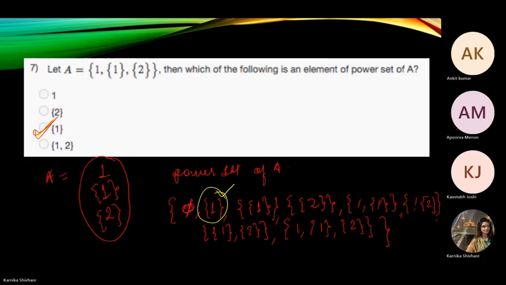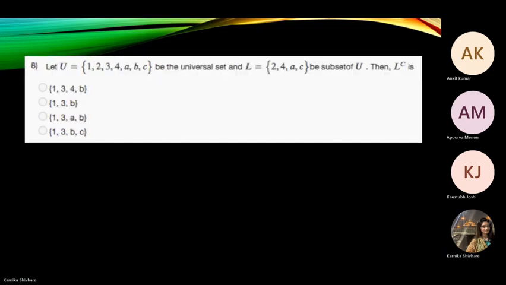Then, let U equal {1, 2, 3, 4, A, B, C} be the universal set and L equal {2, 4, A, C} be a subset of U. Then what is L complement? We can very easily do it through a Venn diagram.